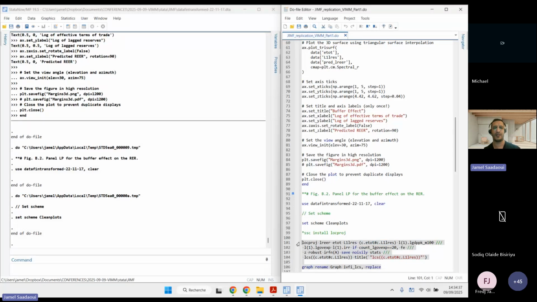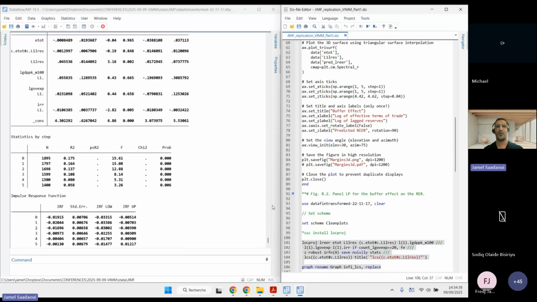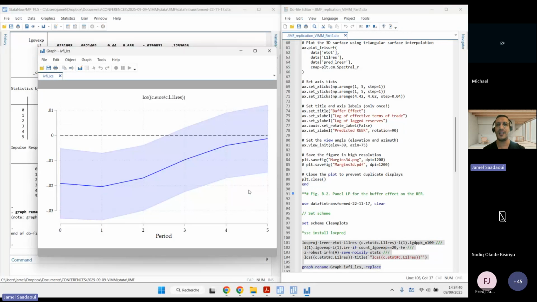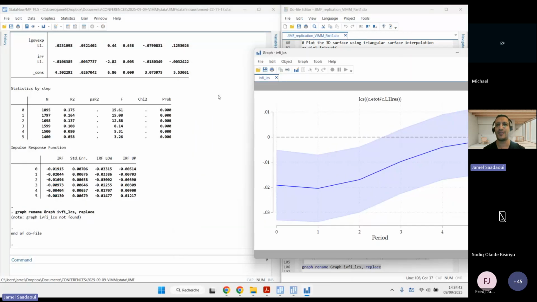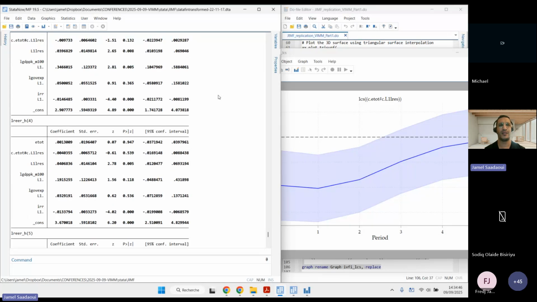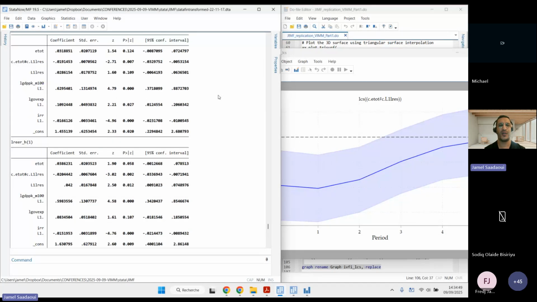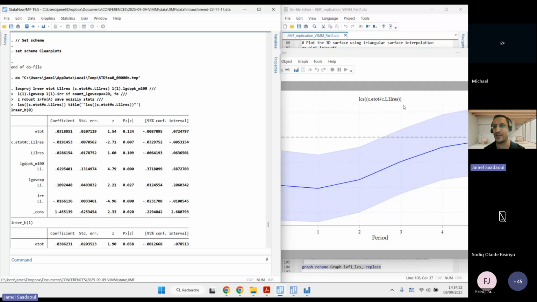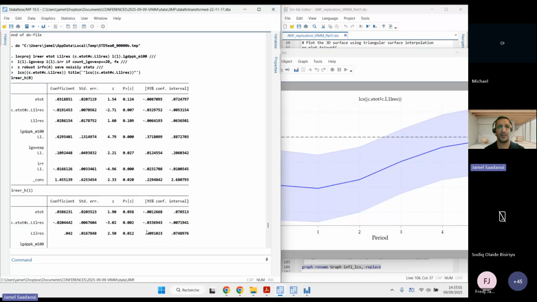So let's run it. What you can see here is exactly what the package is doing: for each horizon, a regression. And as the shock is on the interaction, we are going to be very interested in this coefficient in particular. So at each horizon, we look at this coefficient.